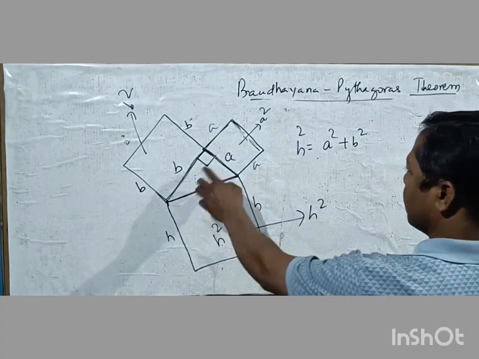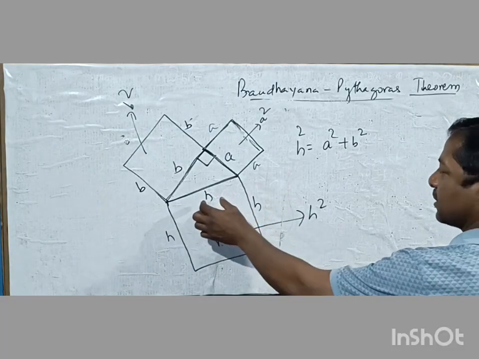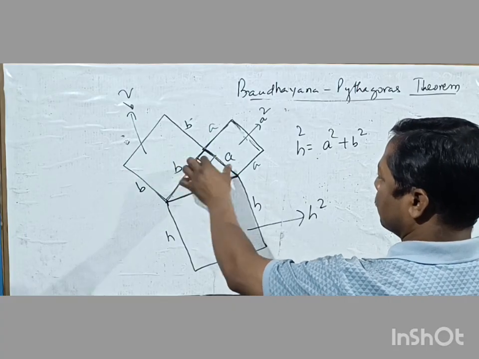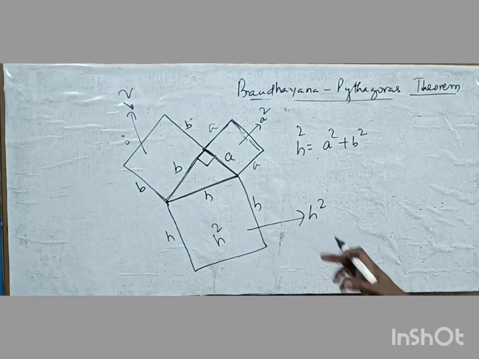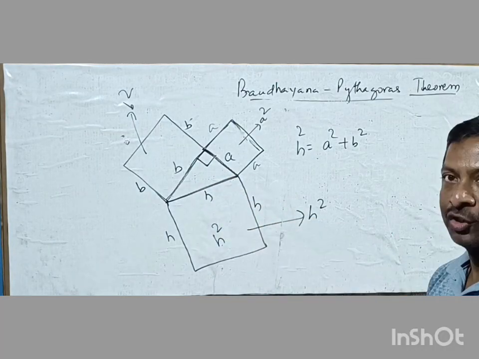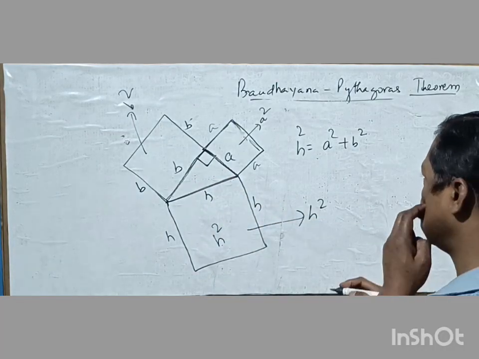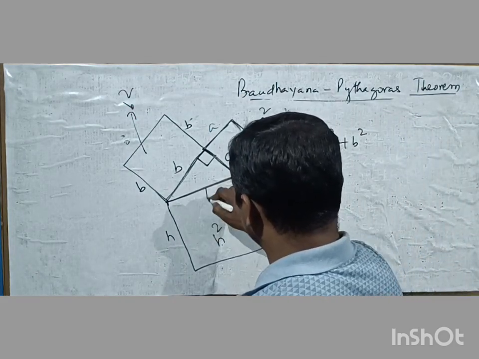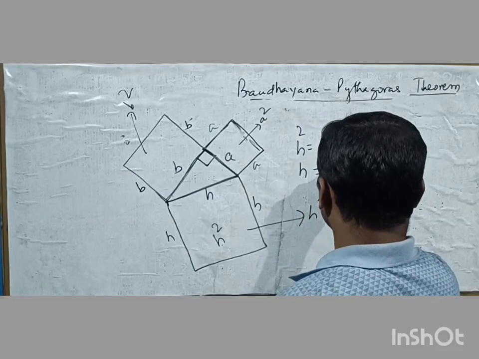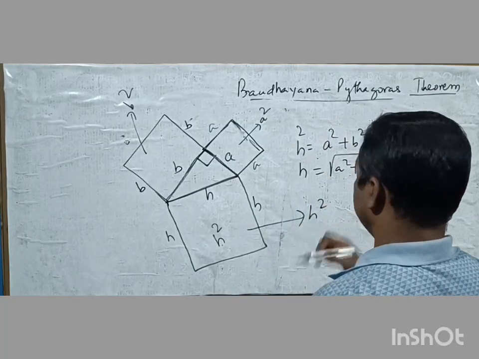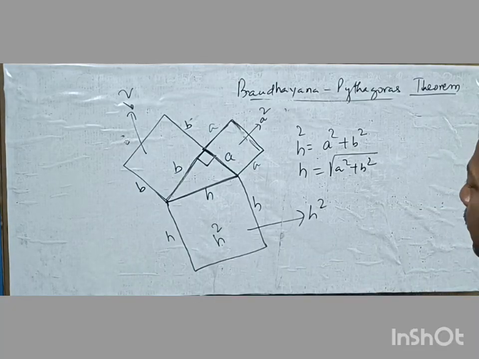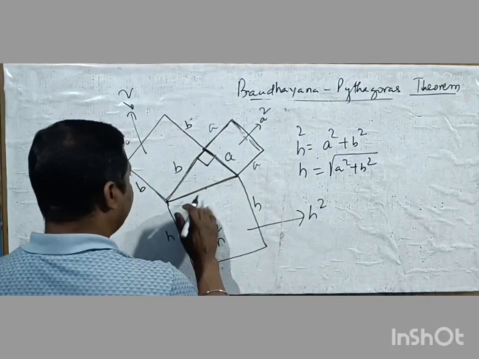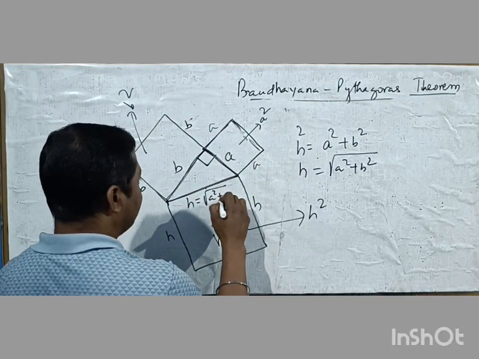The longest side square is equal to the sum of the squares of the other two sides, A and B. The other two sides are A and B, and the longest side is H, the hypotenuse. So H equals the root over A square plus B square.